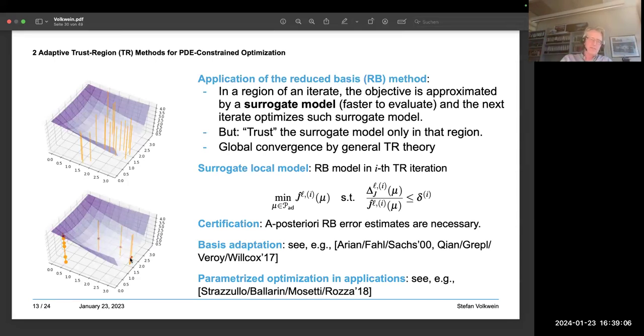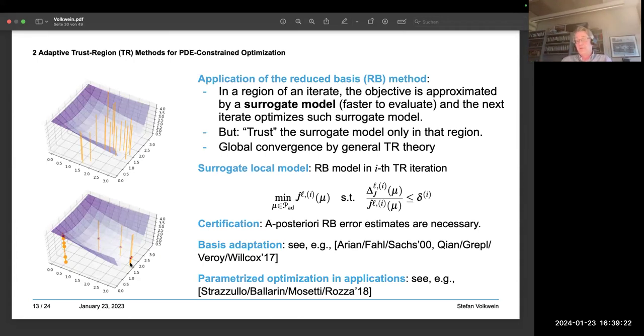So the idea is we want to build the basis on the fly, but only on the iterates which we touch during the optimization method. And at the end, we have a suboptimal solution with a corresponding reduced basis.